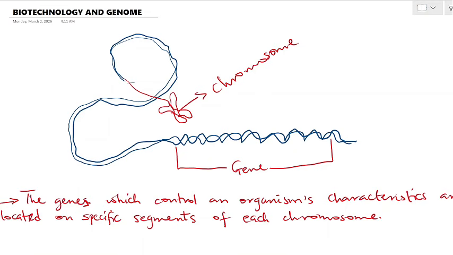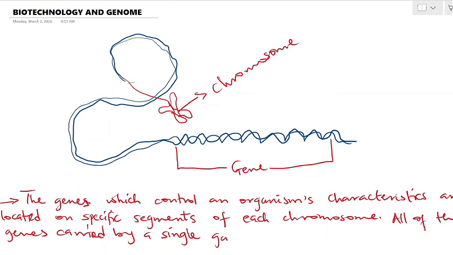All of the genes carried by a single gamete is known as what? A genome. Okay? All of the genes carried by a single gamete is known as a genome.